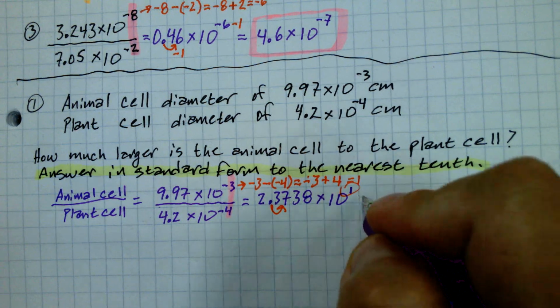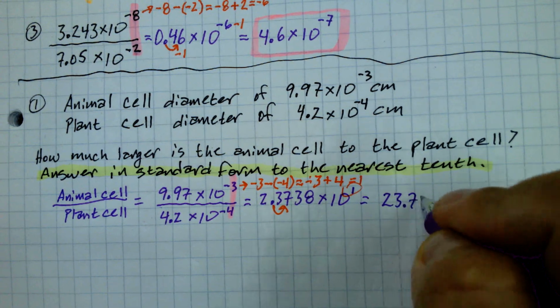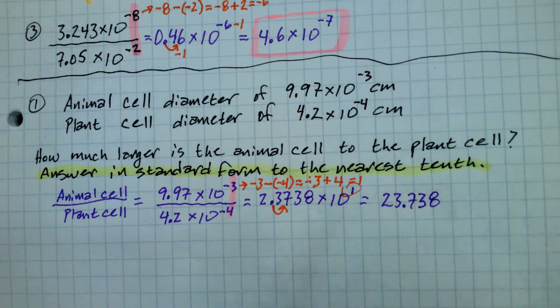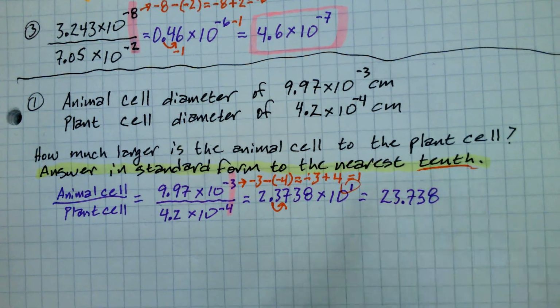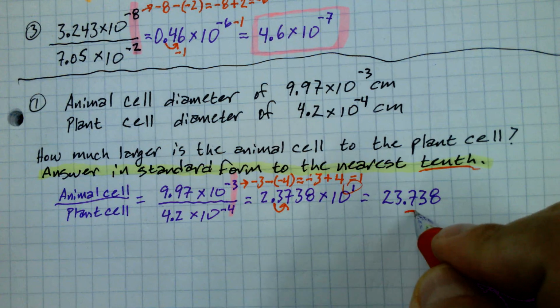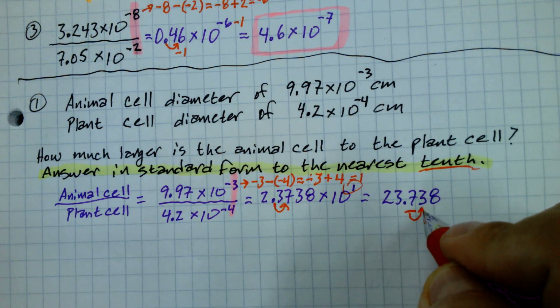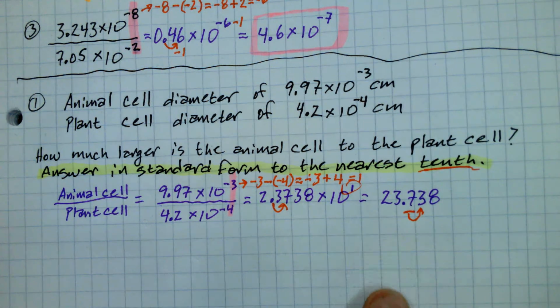So this is what I'm going to have. 23.738. But wait a minute. I have to round this number to the nearest 10th. What number is in the 10th place? The 7 here. So the rounding number I got to look at is 3. Does 3 tell me to round up the 7 to an 8 or leave it as a 7? So my final answer is 23.7 times larger.